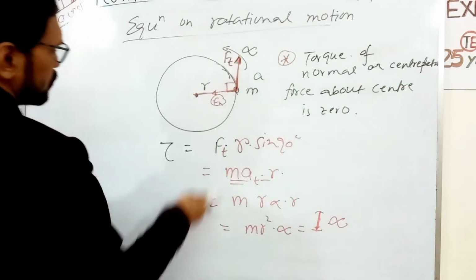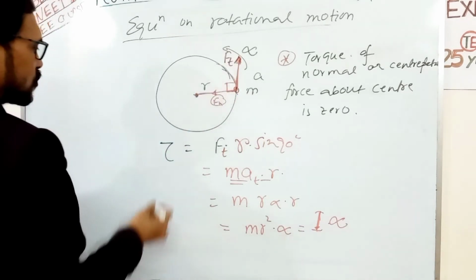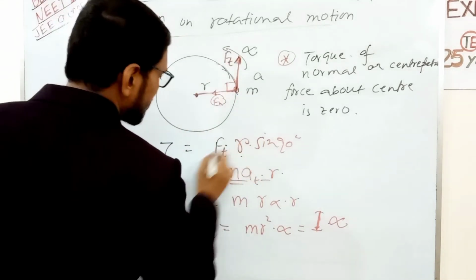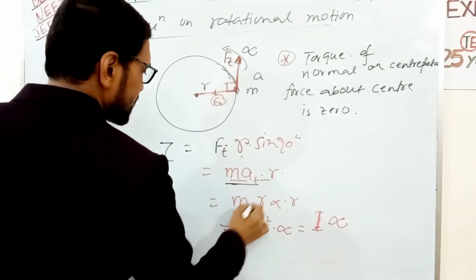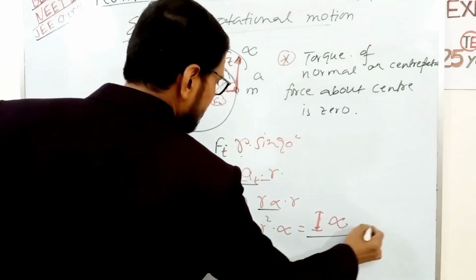Only the torque of the tangential force is present. So torque of the tangential force is force into perpendicular distance. Force equal to ma, a equal to r alpha, m r square into alpha, I alpha.